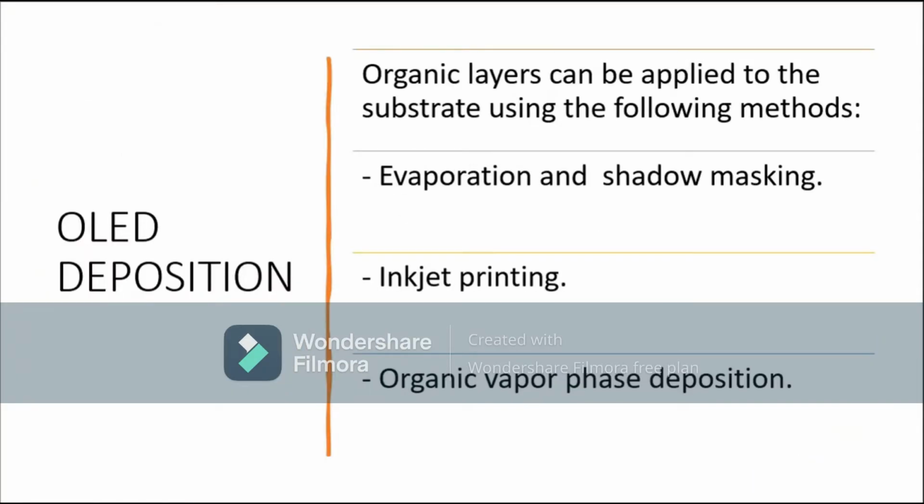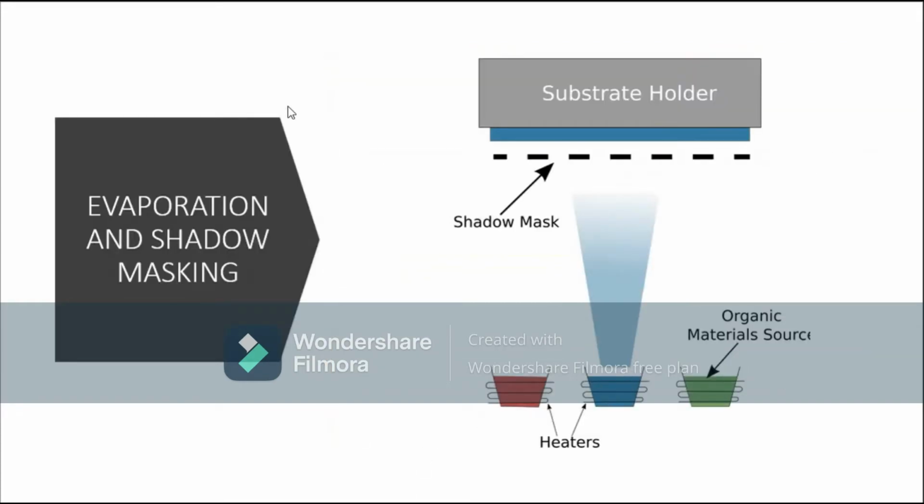Then comes OLED deposition. OLED deposition can be applied to a substrate using the following methods, which are evaporation and shadow masking, then inkjet printing, and then organic vapor phase deposition. So this is the diagram for the evaporation and shadow masking technique, where we can see these two are heaters, and this is the organic material source, and here we can see the substrate holder, and this is the shadow mask.